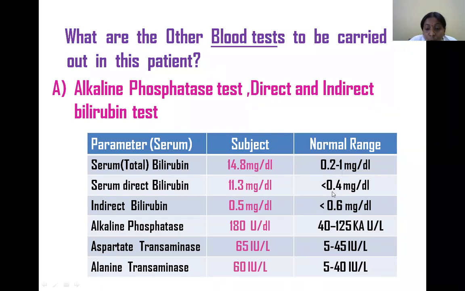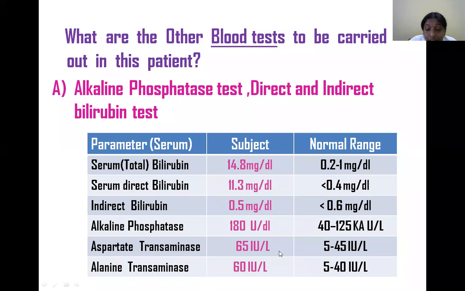Direct bilirubin, normal range less than 0.4 milligram per deciliter, but in this case it is 11.3 milligram per deciliter. Indirect bilirubin less than 0.6 milligram per deciliter, but in this case 0.5 milligram per deciliter. Alkaline phosphatase 40 to 125 King-Armstrong units per liter, in this case 180 units.